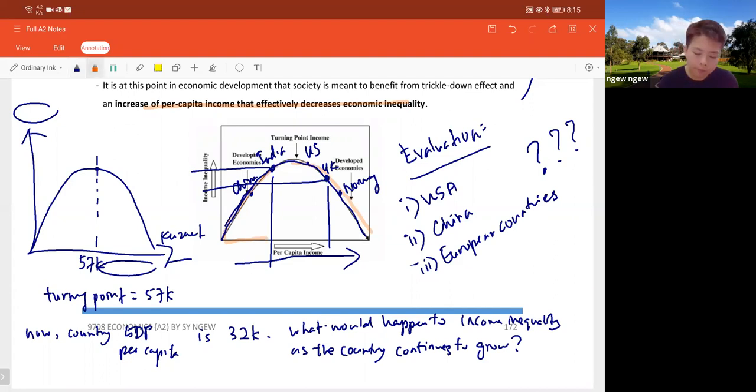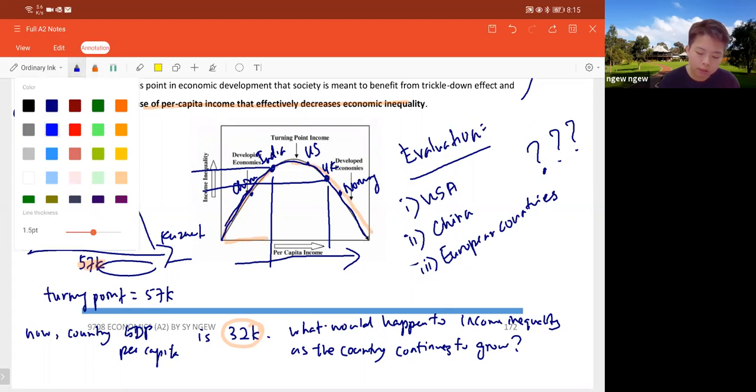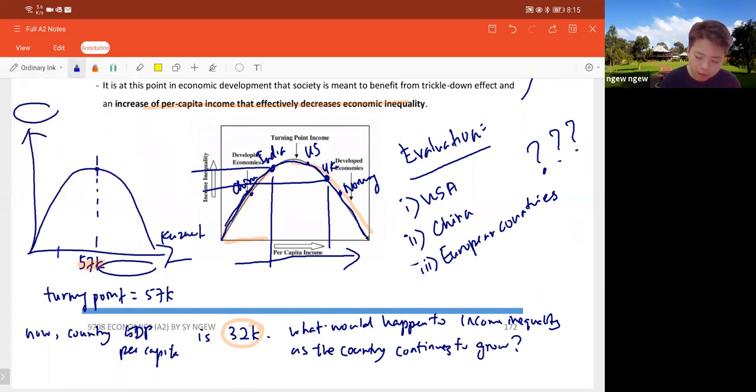So now guys, you see the question says the turning point is 57,000 and the country is standing at 32,000. So what you need to do is find 32,000, the country is here. As the country continues to grow, the income inequality will rise for now, at the initial stage. Only when they pass the turning point will the country's income inequality fall.